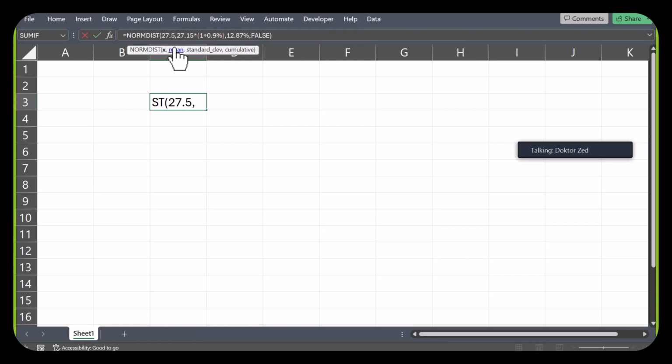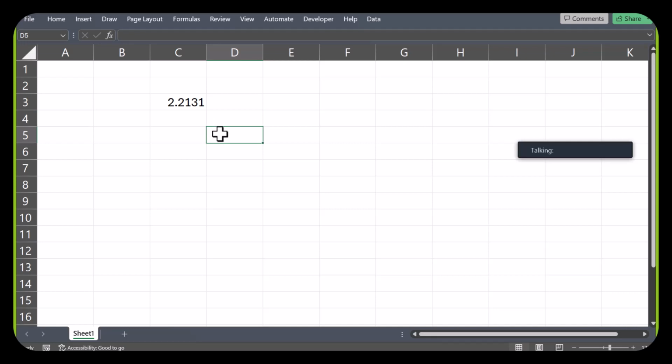For example, 27 and a half. That cannot be 2.21. I mean, probability cannot be 2.21.